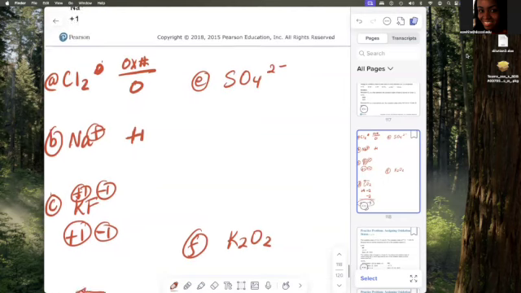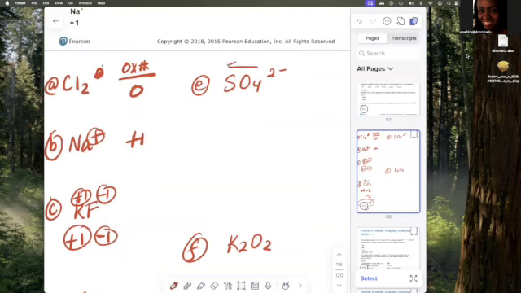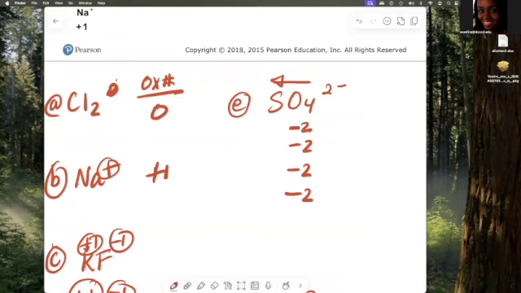Okay. Here we're going from right to left again because sulfur is not a group 1 or group 2 metal. We have 4 oxygens, each assigned -2, -2, -2, -2 because we're assigning the oxygens first. They get the oxidation state that matches their charge. So the total here is -8.